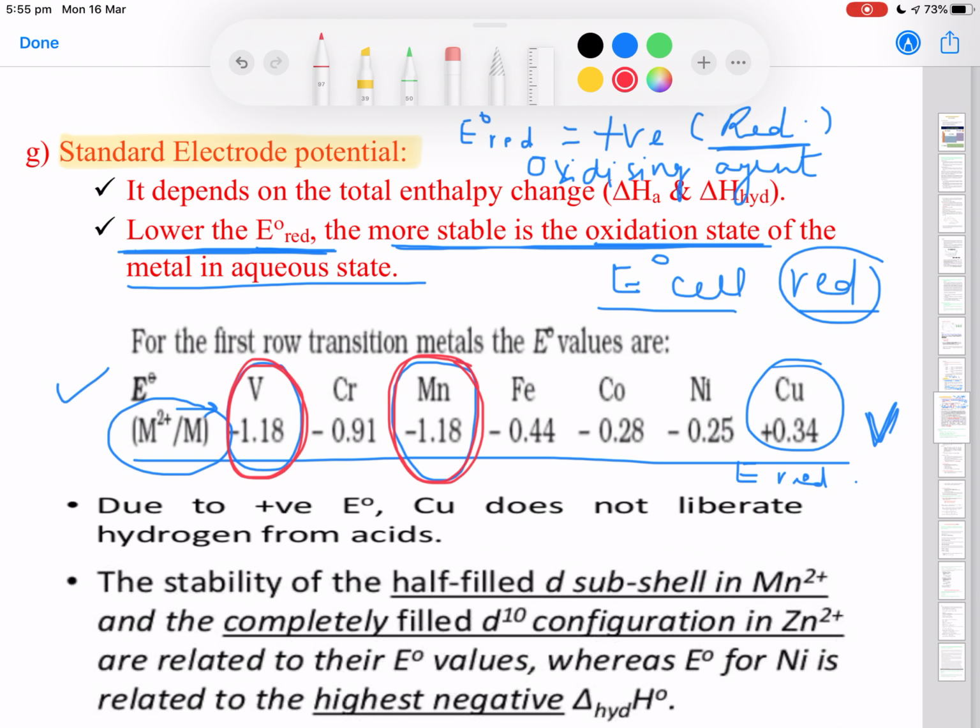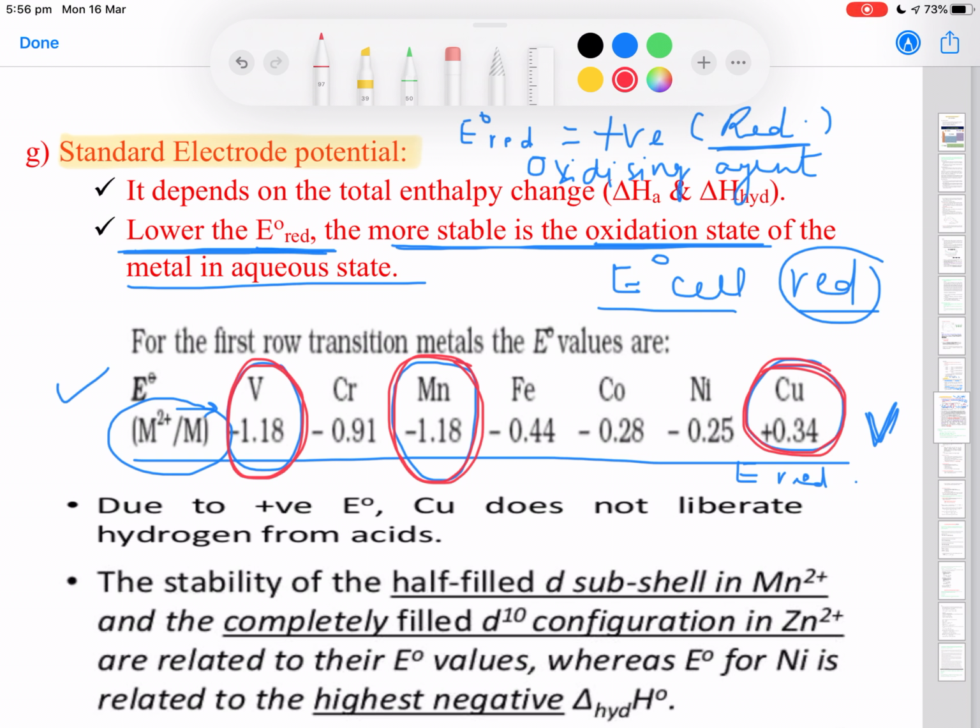Now if I ask you which species has the highest value of reduction potential, take your time to think. Of course, yes, good, it's copper. Because for copper, the reduction electrode potential is positive. So it's the highest amongst these elements.